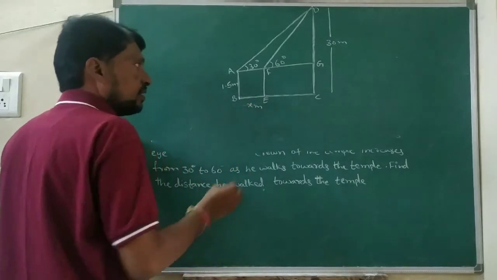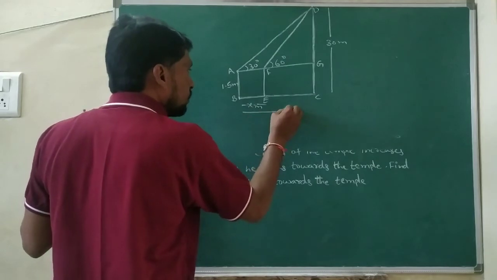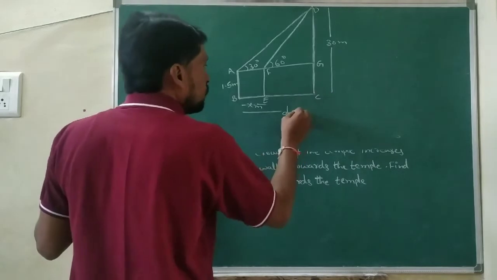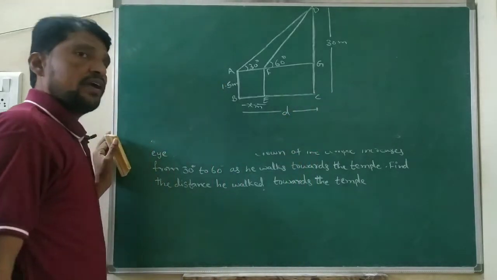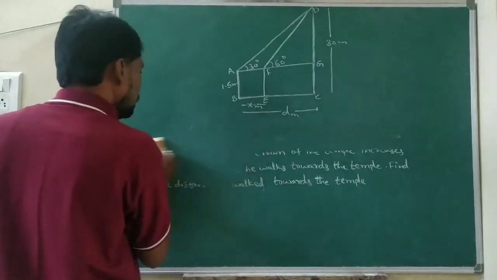The total distance, from the first observation point to the foot of the temple, we take as d meters.